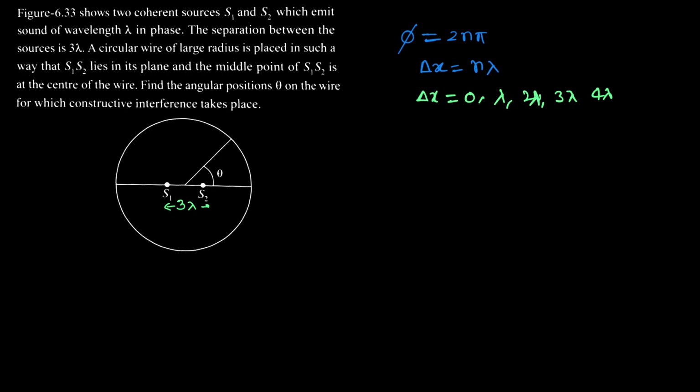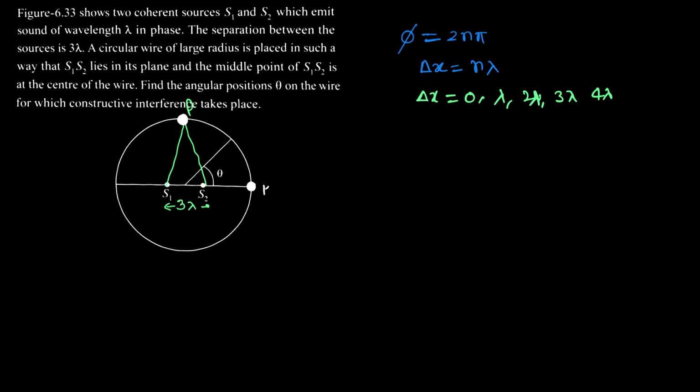If I check this point in this diagram, this point over here, the distances S1P and S2P are both equal. So here the path difference will be 0, and the first maxima I will get over here. And if you check this point, here the path difference will be 3 lambda.